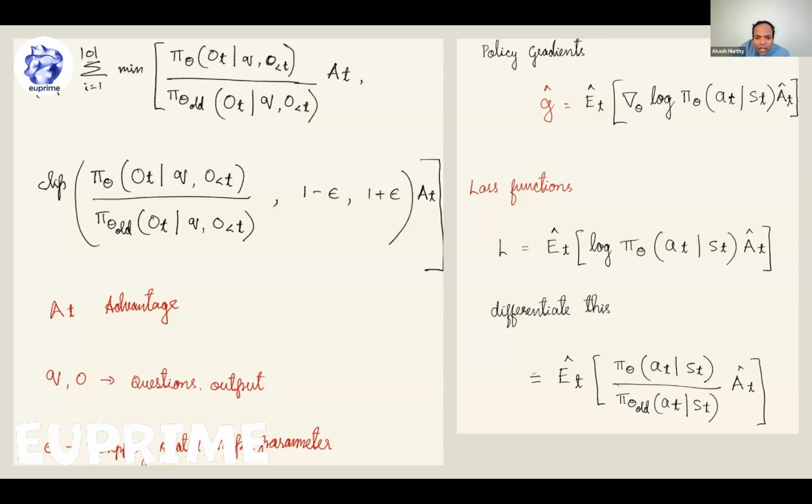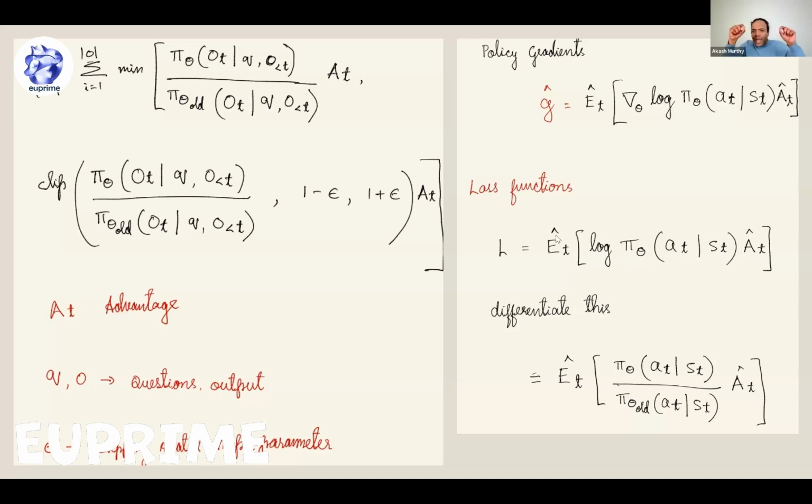Okay. So the loss function that he takes into account is the loss function that I've written here. The expected value of log of this probability value of action AT given state ST multiplied with advantage AT. Okay. The cap has got to do with the fact that these are all empirical values.